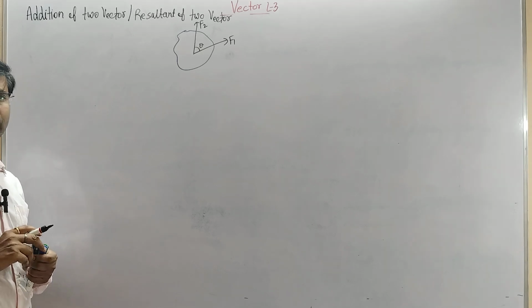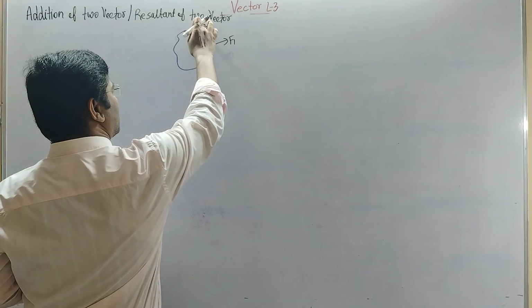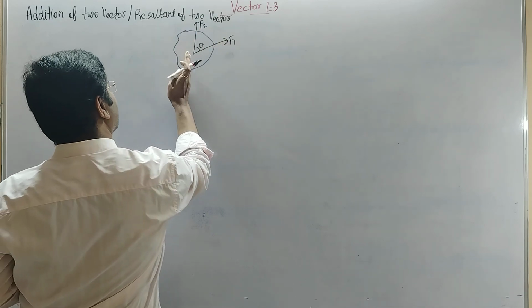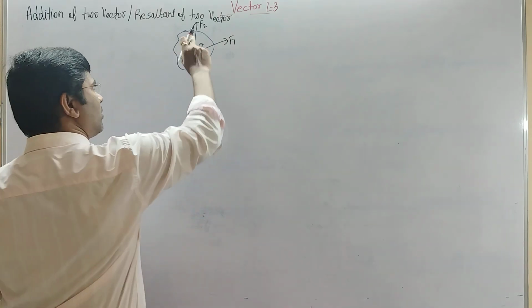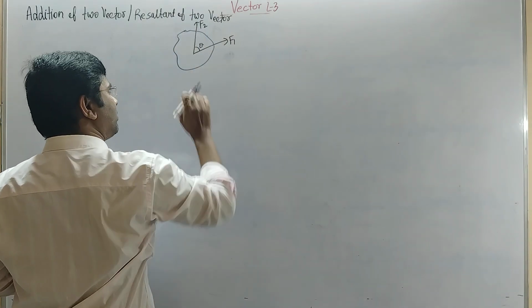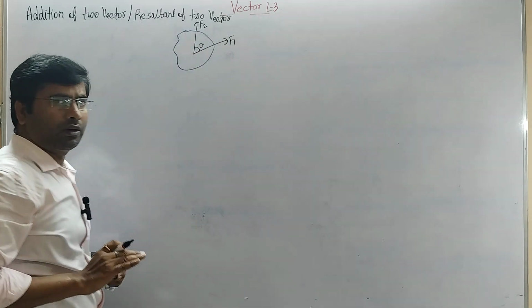Can you say in which direction this body will move? You cannot say simply. Let's say F2 is greater than F1. Then also we cannot say that it will move towards F2 only. If there is only F2, then it will move towards F2. If there is only F1, then it will move towards F1.